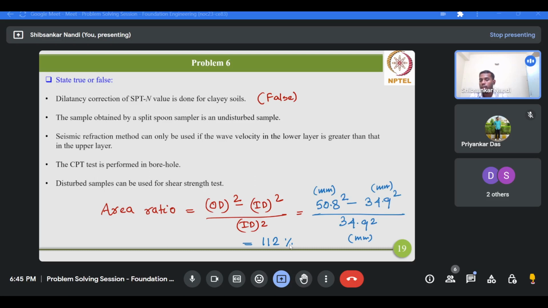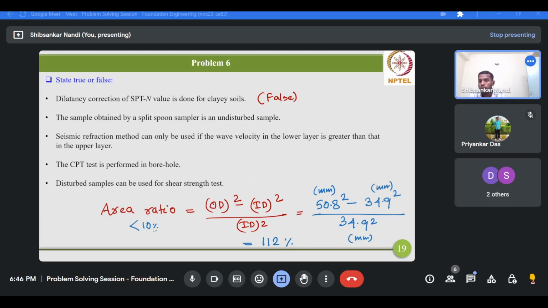There is a limit for getting an undisturbed sample, and that limit depends on the type of soil. In general, this limit is 10%, so it should be less than 10%.